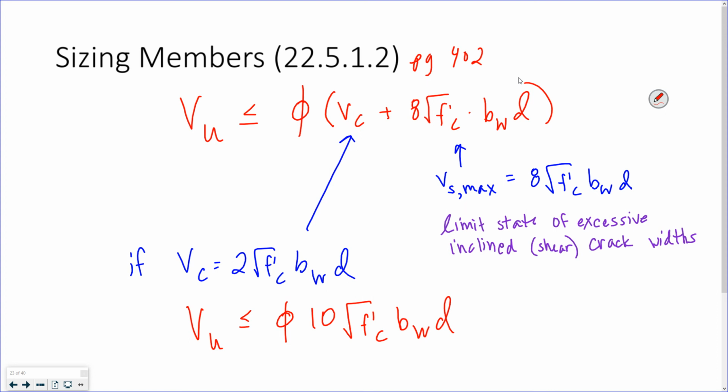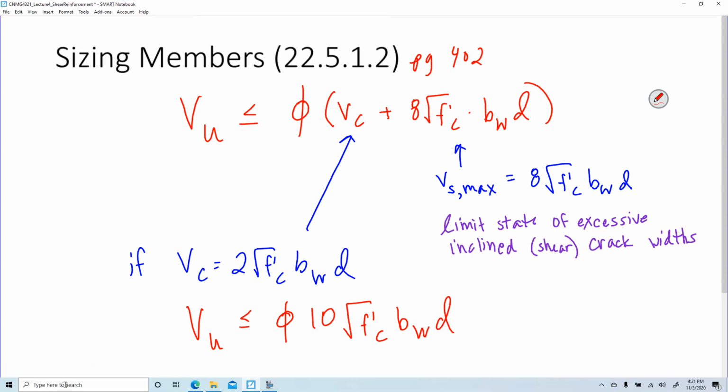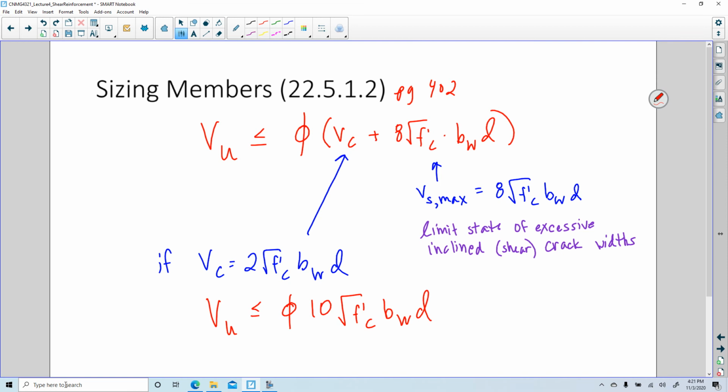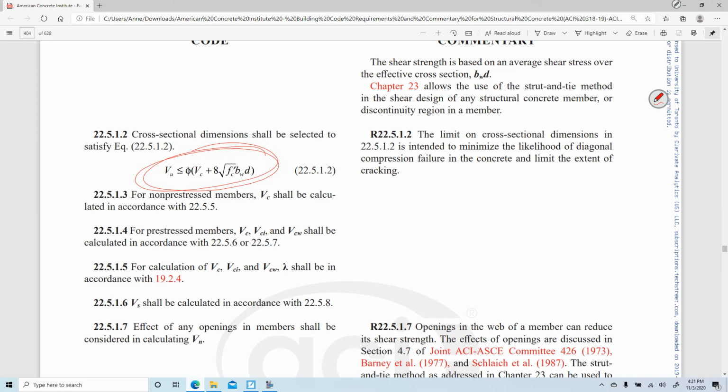Now, we've talked about Av min, but we also have to talk about other reinforcement detailing. So this is chapter 9.